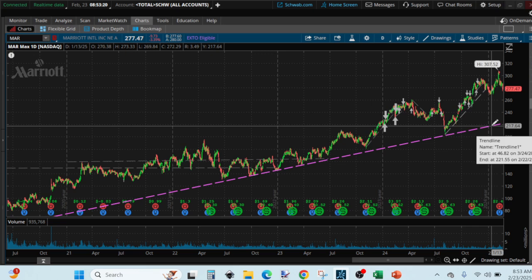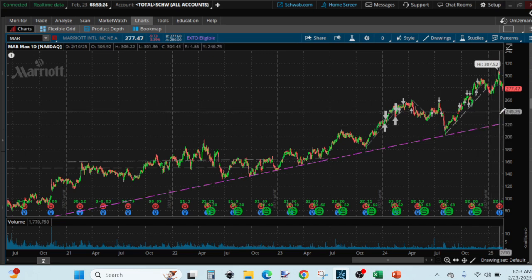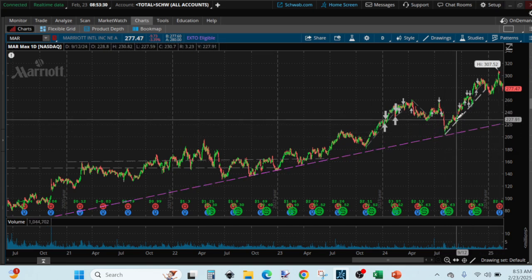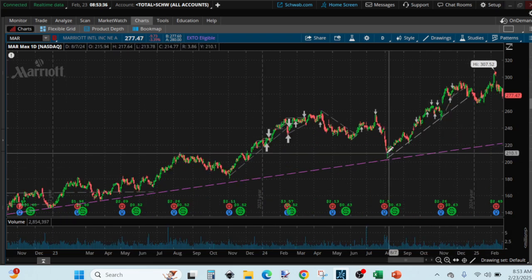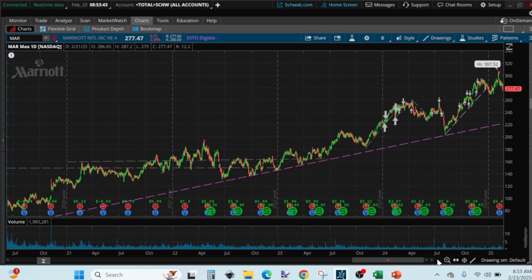Not that it may not, but there is a high probability that when it touches base with it, it'll start going up from there. So instead of waiting to buy at this green bar, if we are looking at this, it touches base with it and starts going up. In fact, even in this instance, even if we wait, it will be fine.